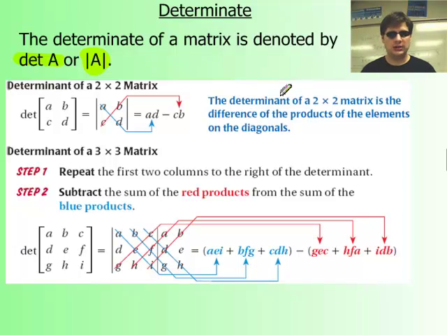So we're going to look at determinants in a limited scope. We'll just be looking at determinants of 2 by 2 and 3 by 3 matrices, respectively.